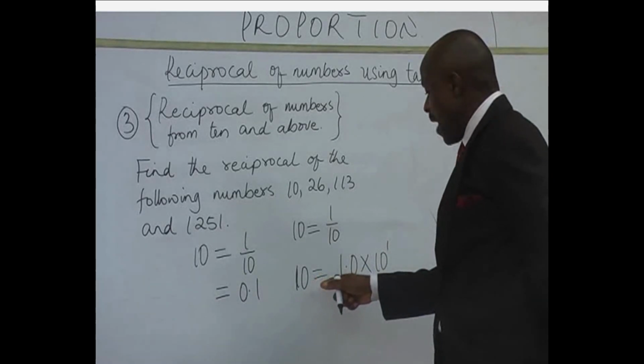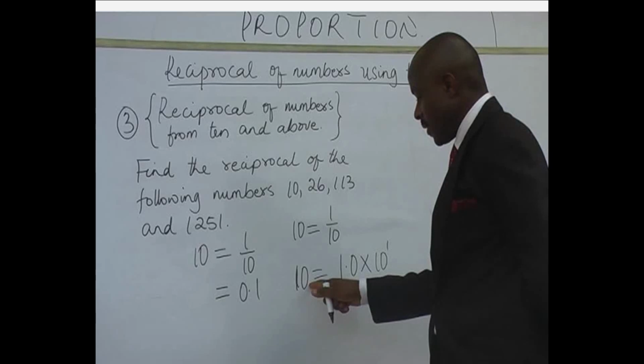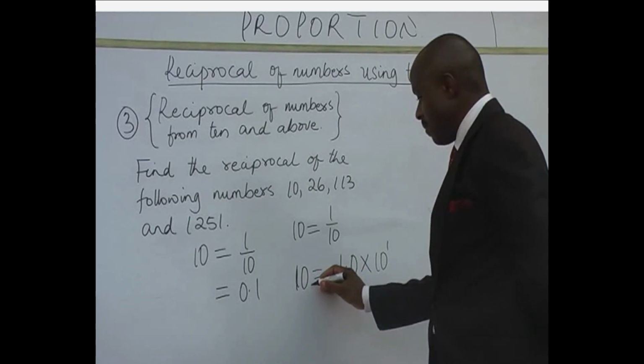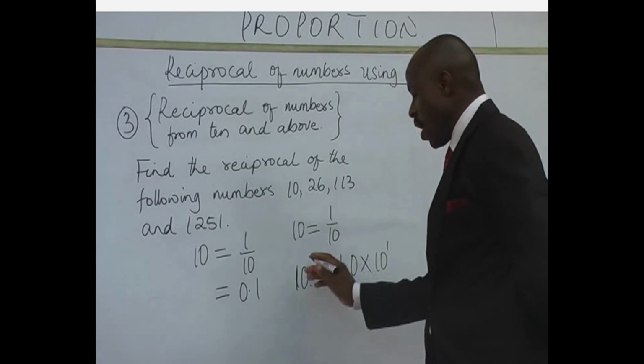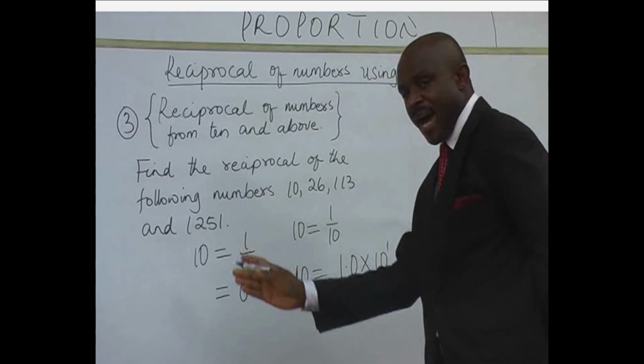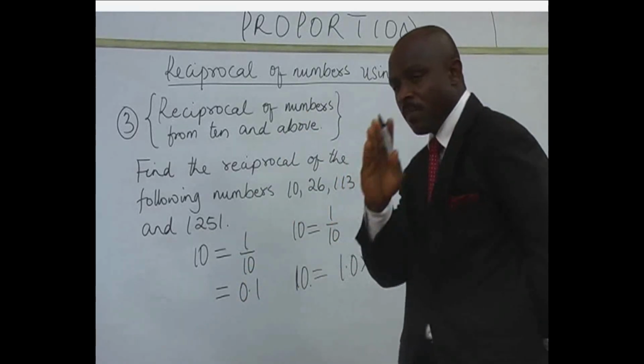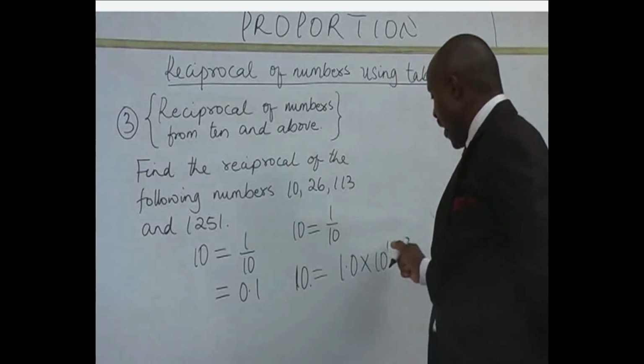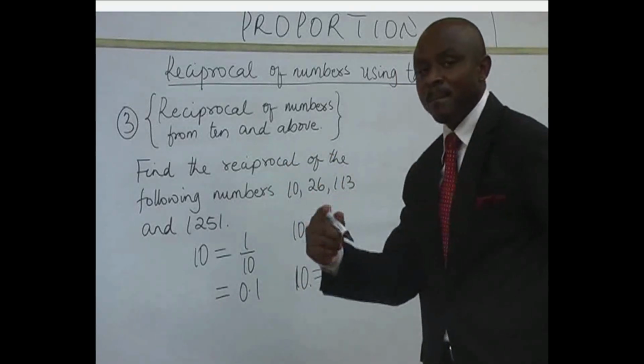Now you have changed 10 to 1.0 because you moved the decimal point, which is like a full stop after 10, towards the left. Remember, in those other cases, we were moving the decimal from left to right, and our exponents kept being minus.